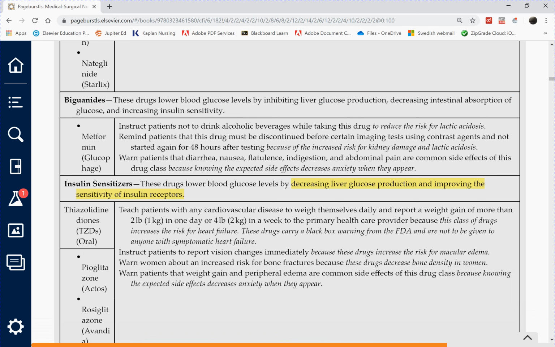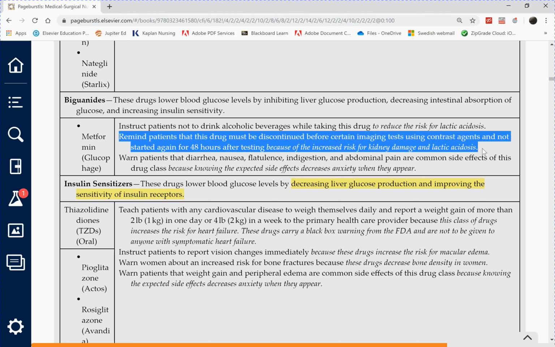I mean, it's possible, but it's not known to cause hypoglycemia because it doesn't trigger insulin release. Again, I'm not saying it won't cause hypoglycemia, but I'm just saying it's not known to commonly produce hypoglycemia.